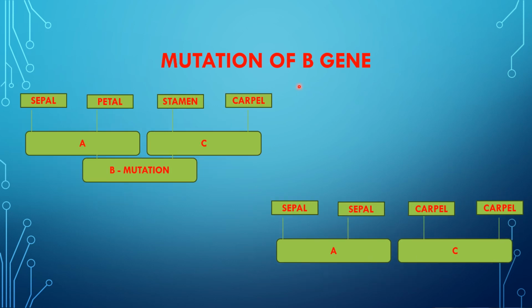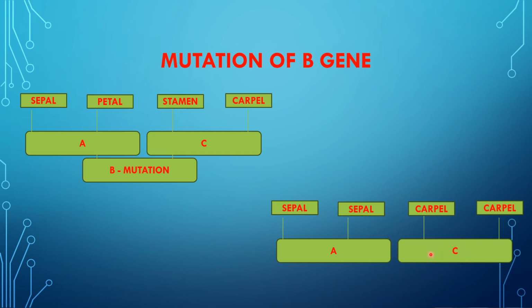Now let's look at what happens when there is a mutation with regard to B gene. What happens when the B gene is absent? We see A gene alone produces sepal, and once again, A gene alone produces sepal.